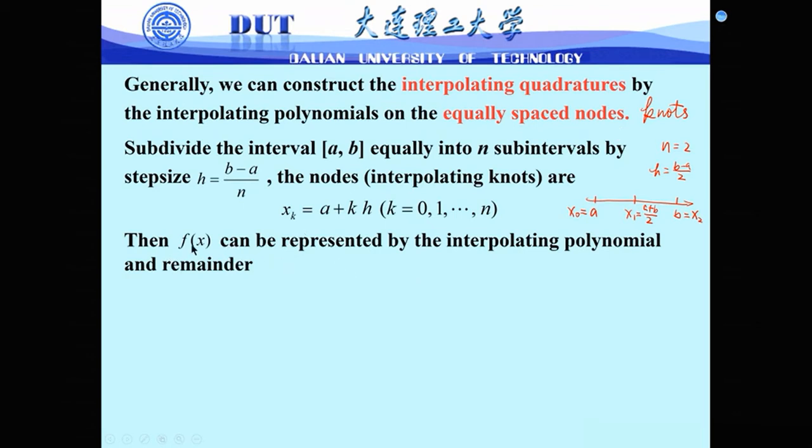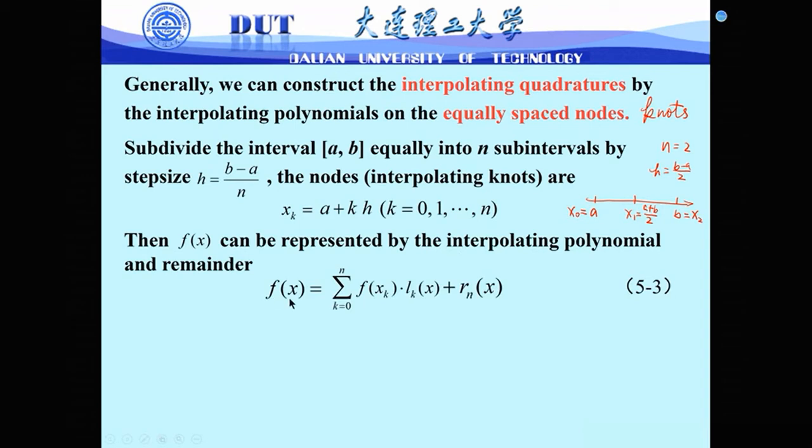Now, we consider that f(x), the integrand function, can be represented by the interpolation polynomial and the remainder term. We have learned this result in section 2, right?